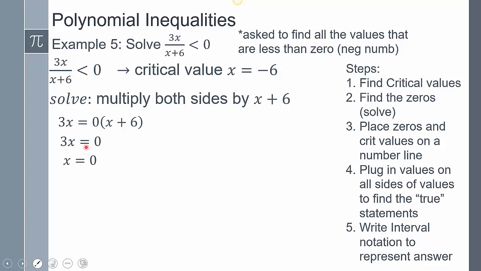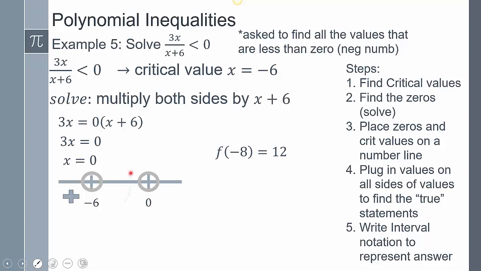Then I can take these values, this 0 and this negative 6, and place them on the number line. Open circle because there's no equal to, so that's why 0 has an open circle. And this has an open circle because it's a critical value. So once again, plug in values in each interval. A value that is less than negative 6, which is negative 8, I got a positive 12, so that's positive.